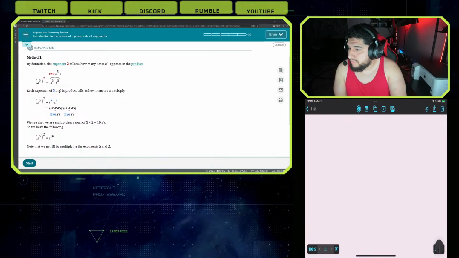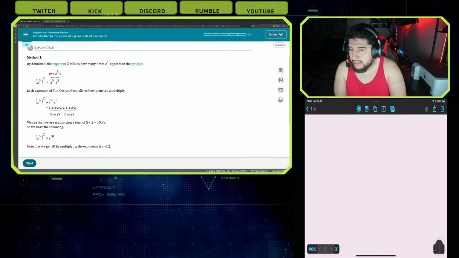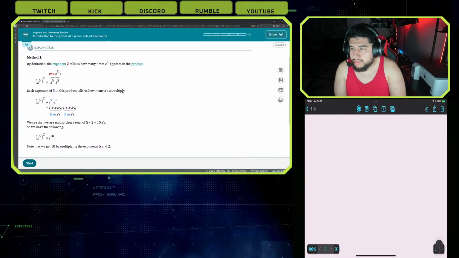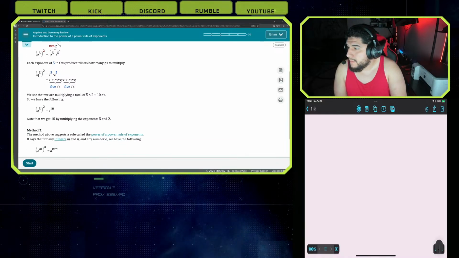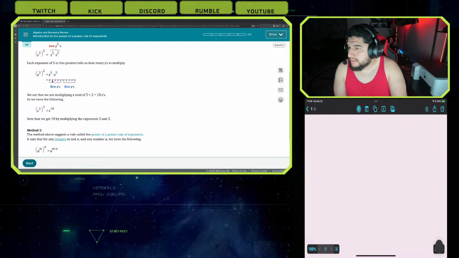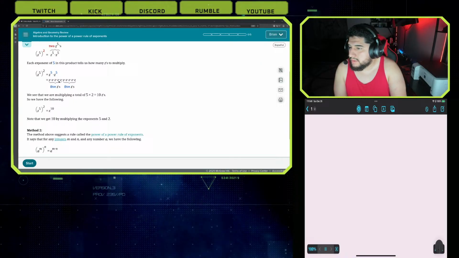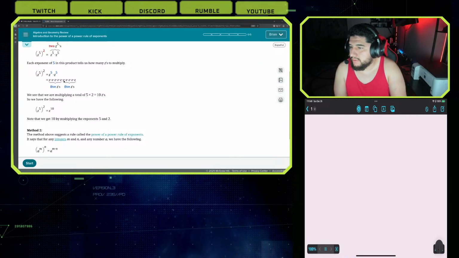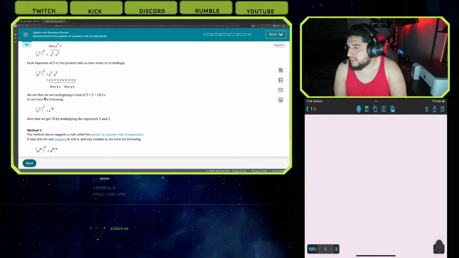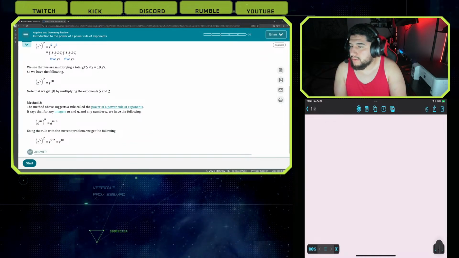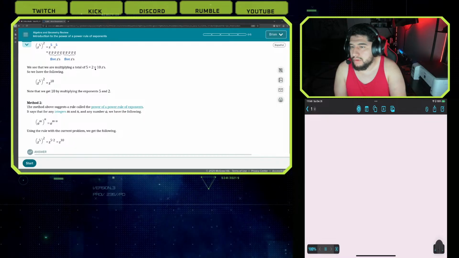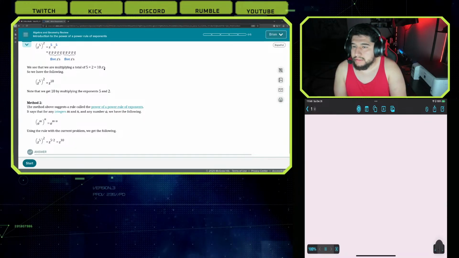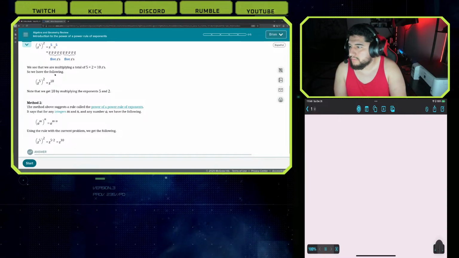Each exponent of 5 in this product tells us how many z's to multiply. Alright, so 5 z's, z 5 times plus another set of 5 z's. We see that we are multiplying a total of 5 times 2 equals 10 z's. So 10 z's total.